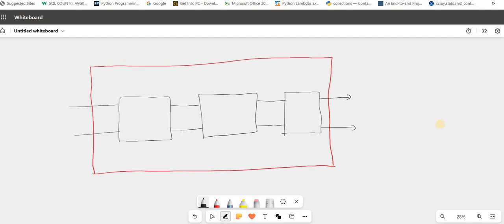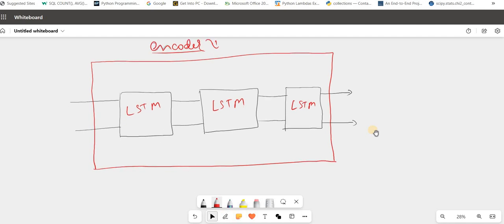So this is the encoder. Here is LSTM, LSTM, and do not confuse these as three LSTMs. This is one LSTM with different time stamps, if you remember the last session.